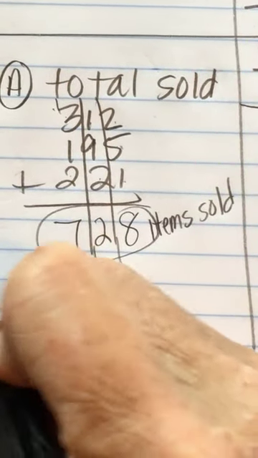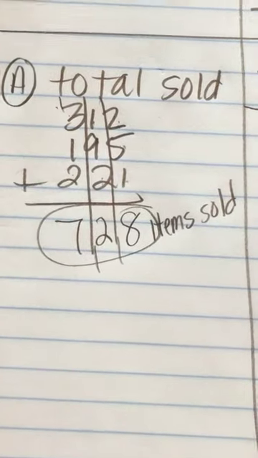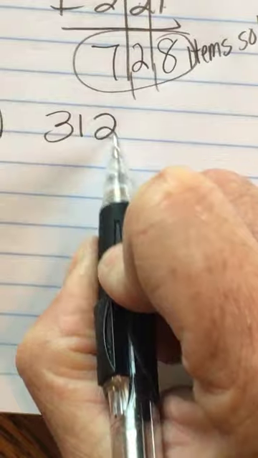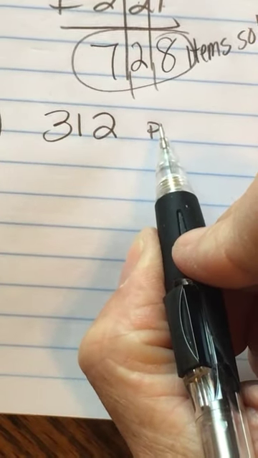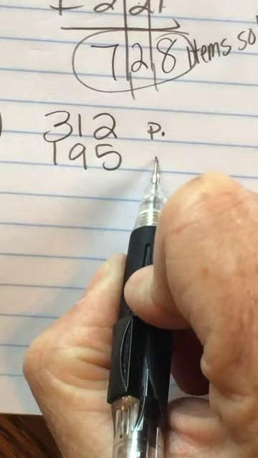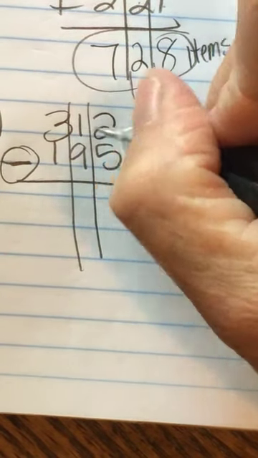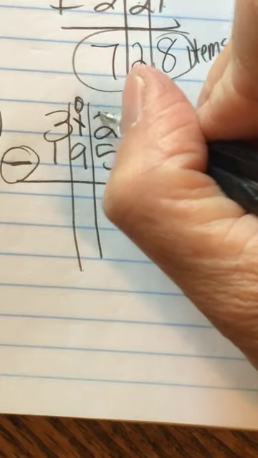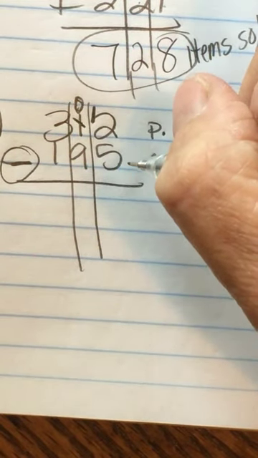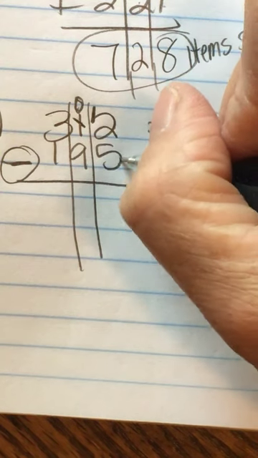All right, B. How many more bags of popcorn than candy was sold? So we're going to look at our chart. And we know that there were 312 popcorn and 195 candy bags sold. The difference, how many more? That means we're subtracting to figure out the difference. We can't take 5 from 2, so we're going to cross out the 1 and make it a 0 and make that a 12. 7 plus 5 is 12.